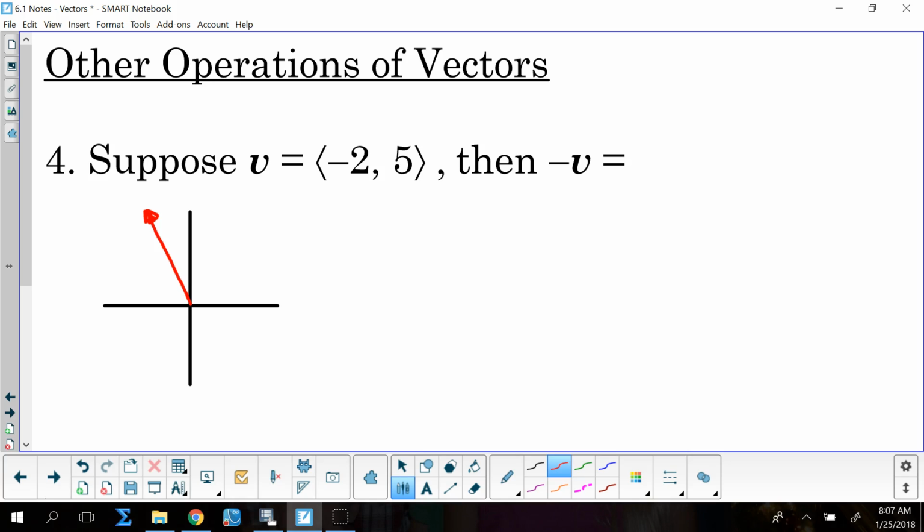What if I said negative v, though? The negative of that vector. What do you think would happen with everything associated with that vector?